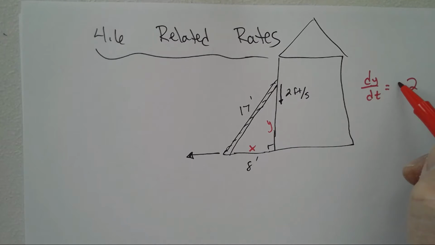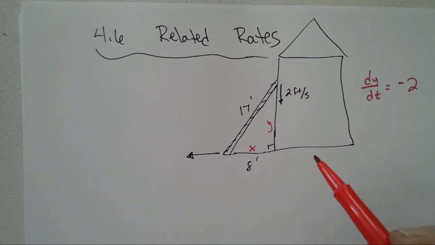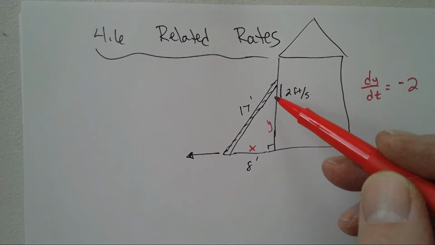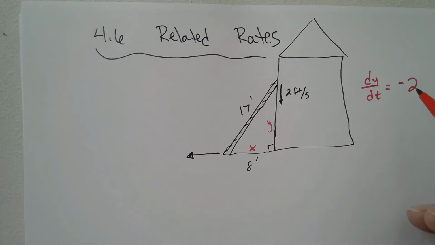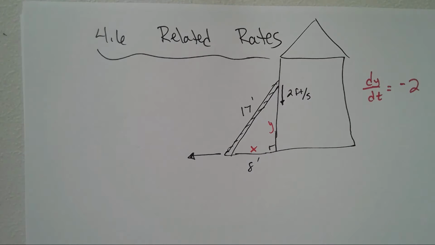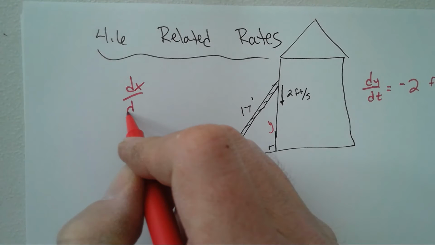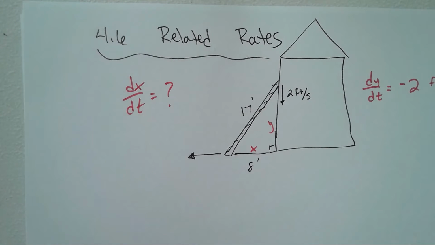It's not because it's going down necessarily, it's because y is getting smaller. If it's getting smaller, it's negative. If it's getting bigger, it would have a positive rate of change. So negative 2 feet per second is given to us, and we are looking for dx/dt equals question mark. So how fast is this moving out away from the building?